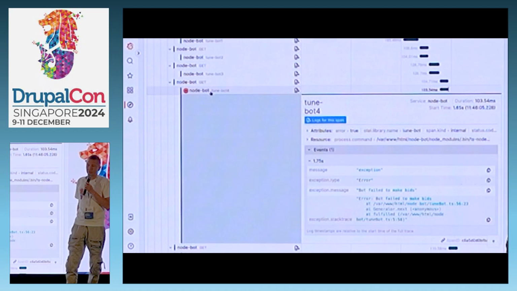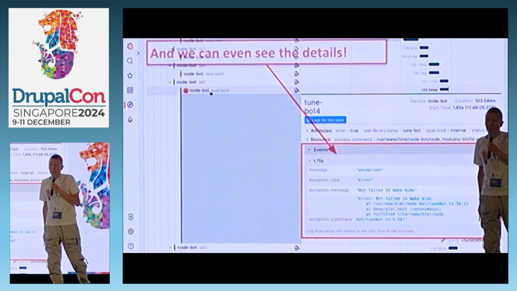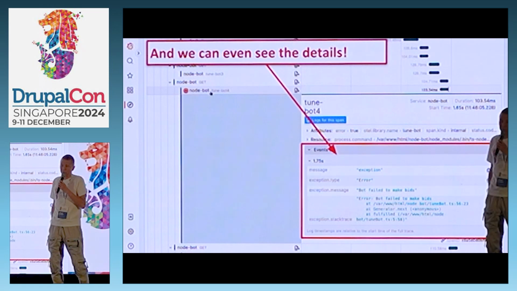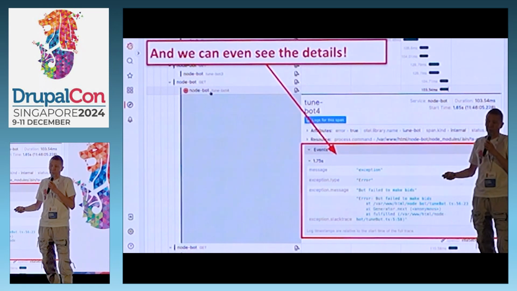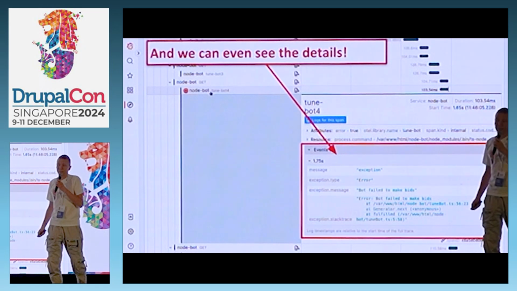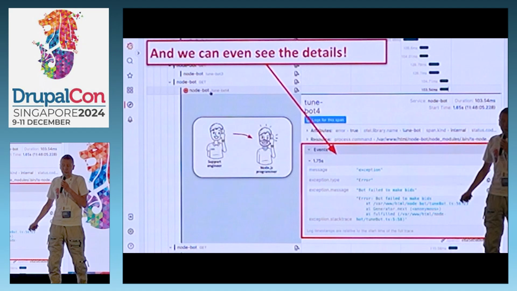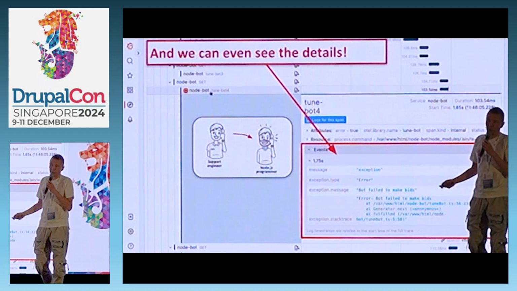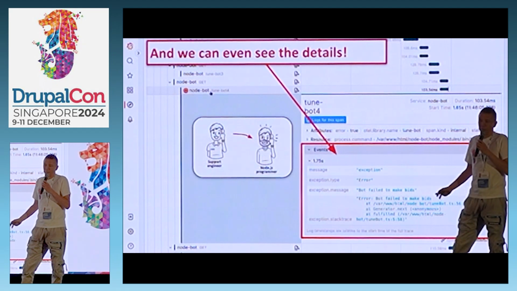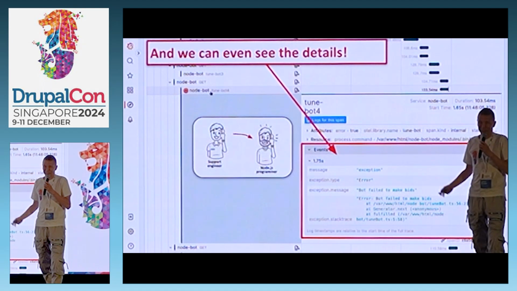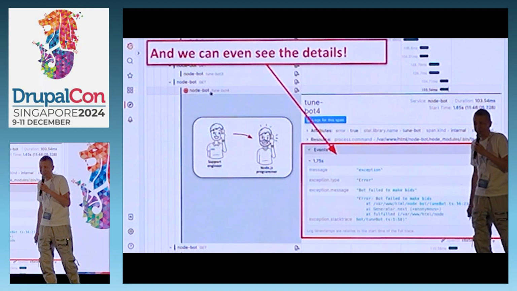And if you click on this line, we can see not only the bot number, but actually the message, the exception type, and even the file name and the code line where it happened. And the support engineer using this information will quickly understand that he should wake up the Node.js programmer and give more sleep to the front-end and PHP programmers.